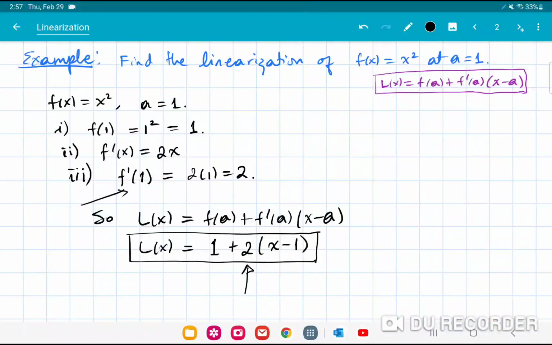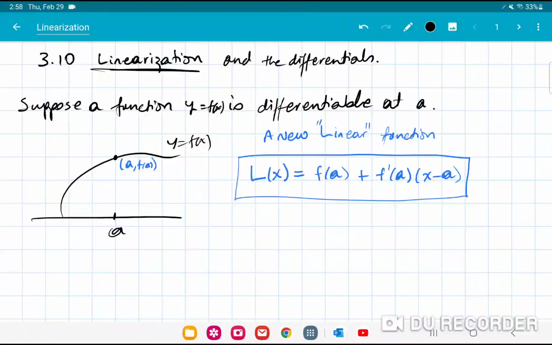So what we've just done is, in the earlier sections, we calculated the equation of the tangent line at that point. Let me change color. If we were going to do the equation of the tangent line, the slope is f prime of a.